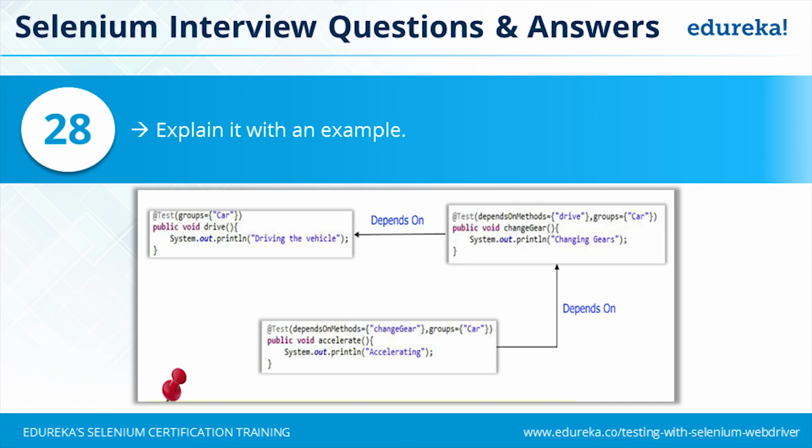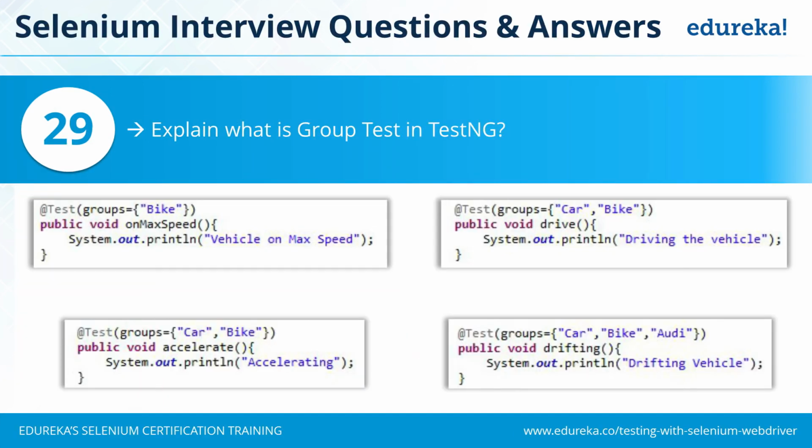As we saw in this example, I have accelerate, change gear, drive. The dependency for accelerate states that it depends on change gear, which is the name of the method. I go over here, I see, okay, change gear method. Is it dependent? Yes, it's dependent on drive. So drive, change gear, and then accelerate.